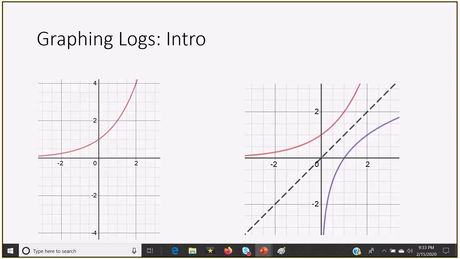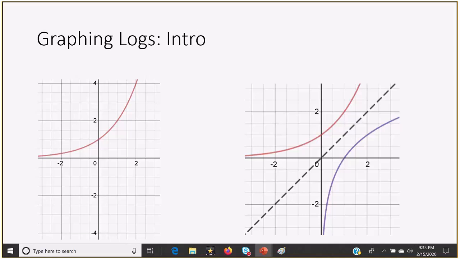So the graph on the right, again, the top thing is still my exponential, but the bottom thing in blue or maybe purple, depending on how you look at it, that is my logarithm, and that's because it's an inverse. And if you look at that graph, the domain is 0 to infinity, the range is negative infinity to infinity, and we're going to talk about some other properties.